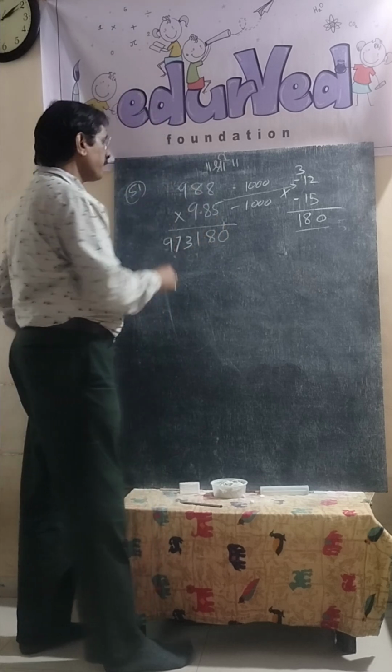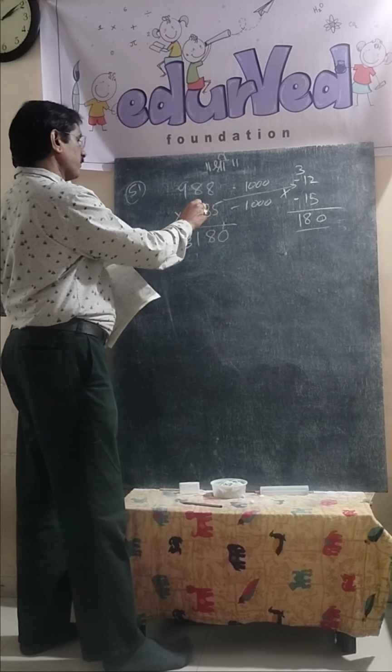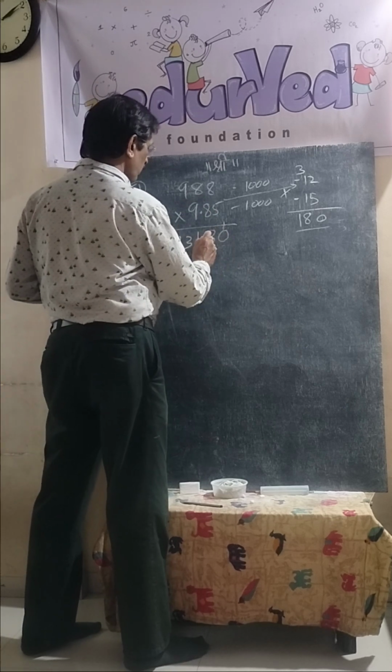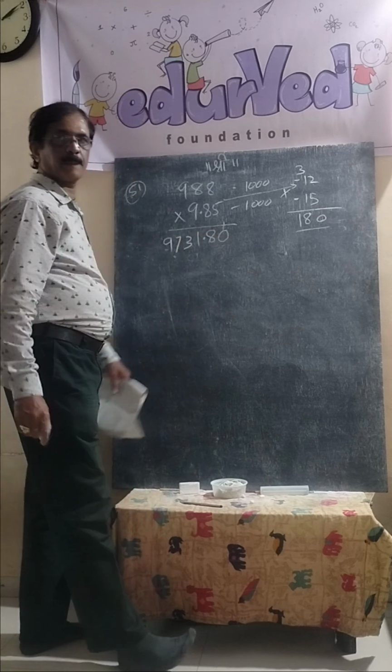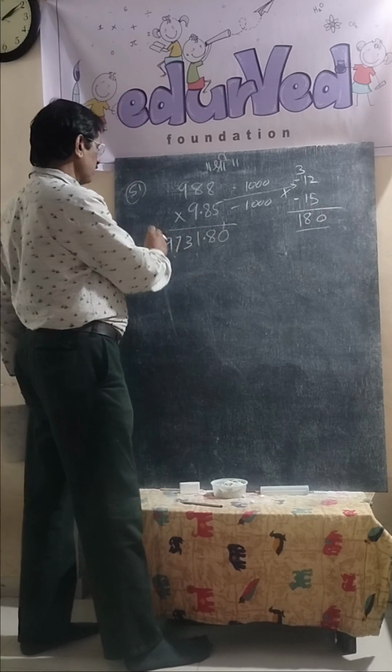So 973180. Now consider the decimal sign. Here we have only one sign for this number, so it is after 2 digits. So 1, 2. So the decimal sign is over here. So the answer is 9731.80. This is the final answer.